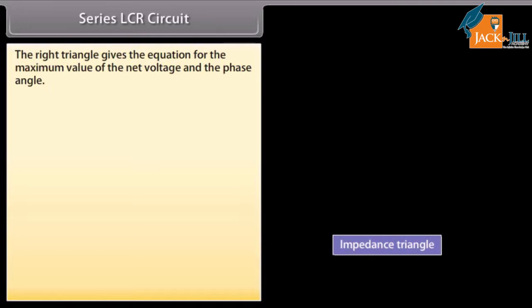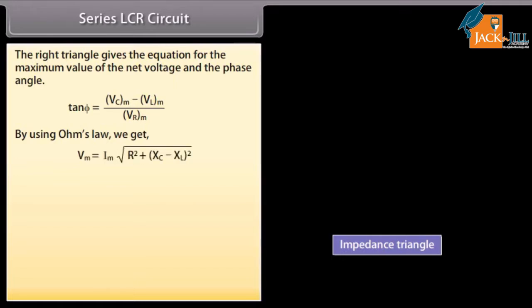The right triangle gives the equation for the maximum value of the net voltage and the phase angle. Tan phi is equal to (VC max minus VL max) upon VR max. By using Ohm's law, we get Vm is equal to Im multiplied by under root of R square plus (XC minus XL) square.